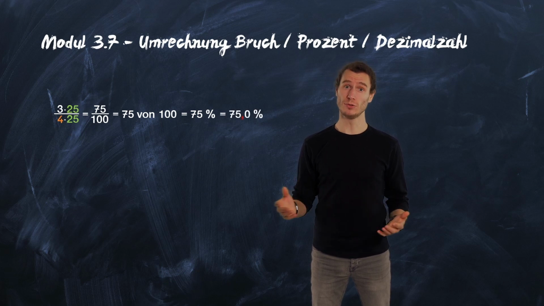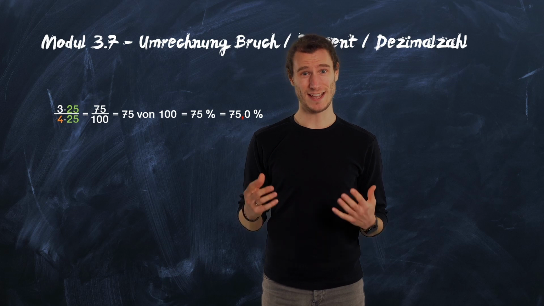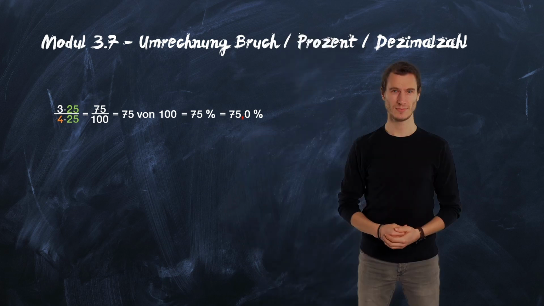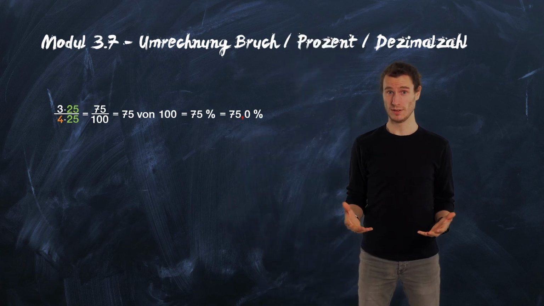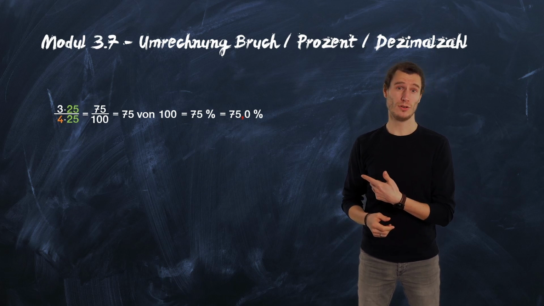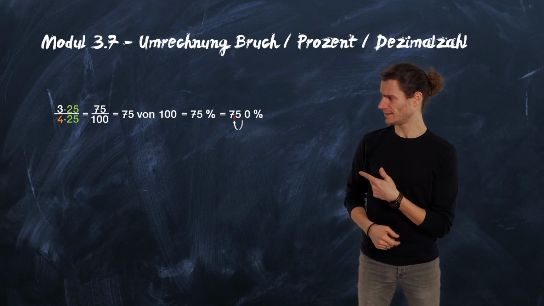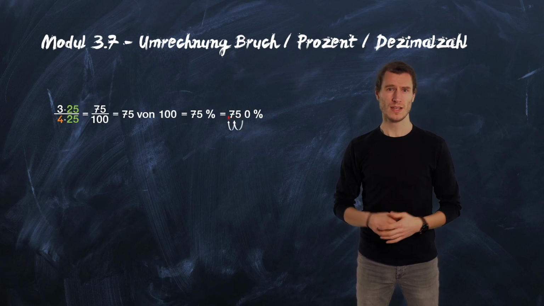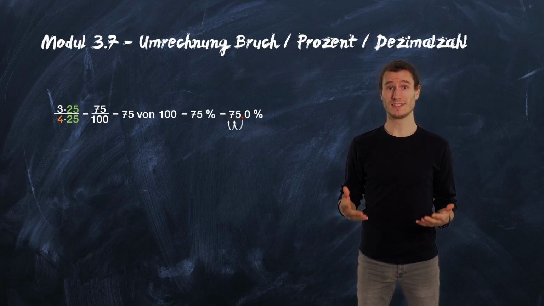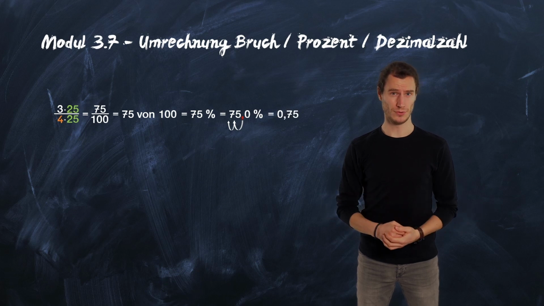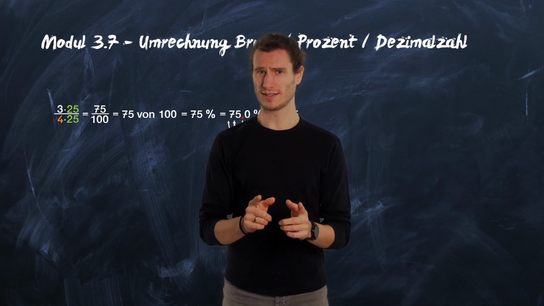You just turn it into a decimal. Instead of writing 75%, one could also write 75.0%. The value doesn't change, so you can do that. Now we've got our decimal point and can move it 2 places to the left. 75.0% becomes 0.75.